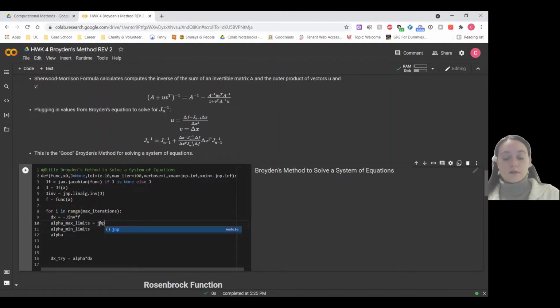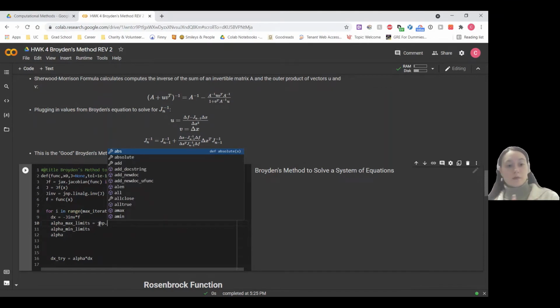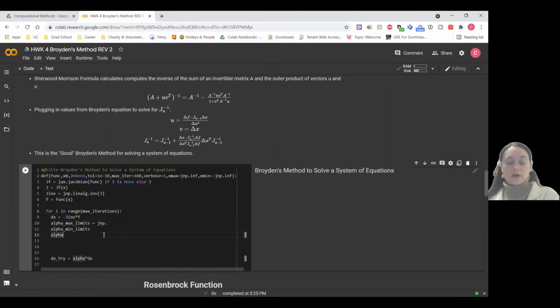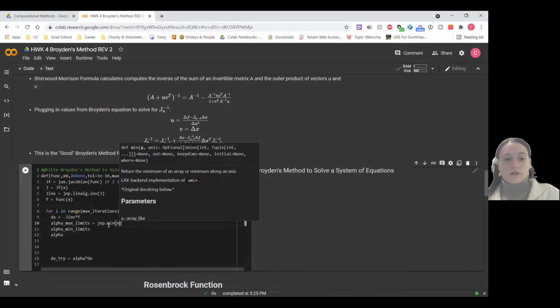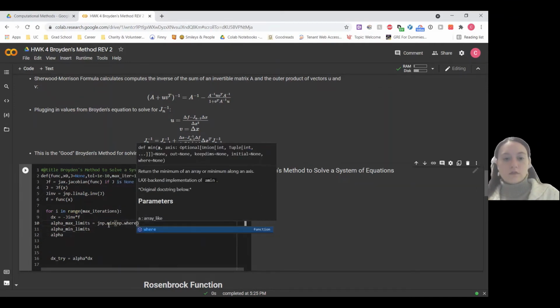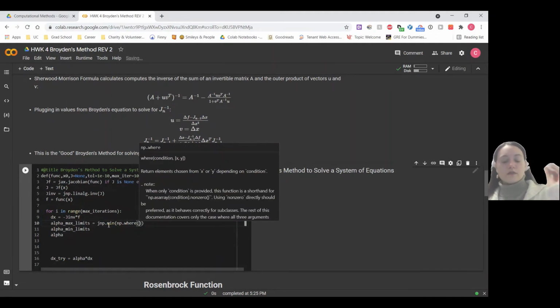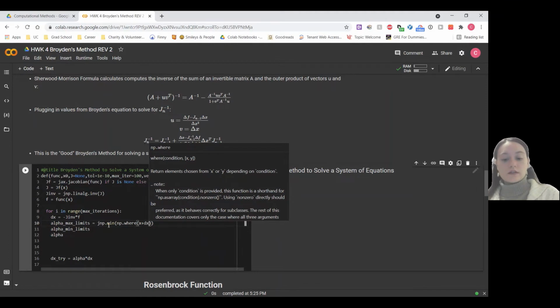We want to take a minimum, because if we don't use the minimum value of alpha needed, then for one of our values of x we'll go over the maximum. So we want to calculate alpha for when x plus dx is too big and goes over the maximum value of x.